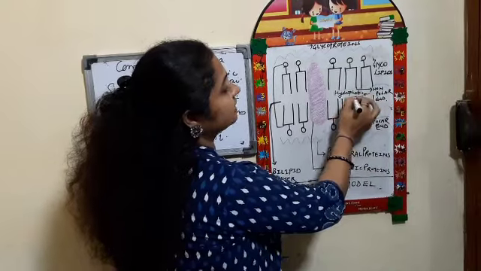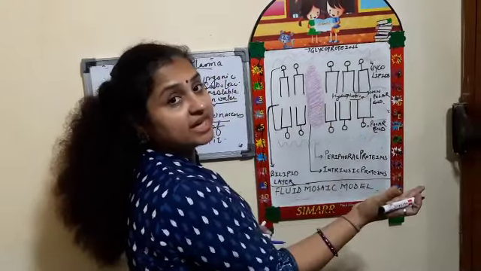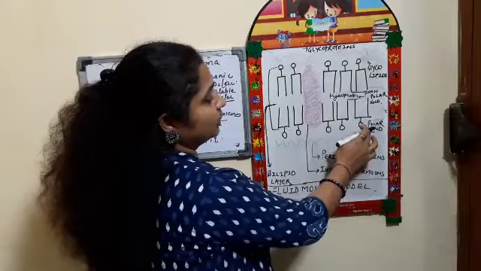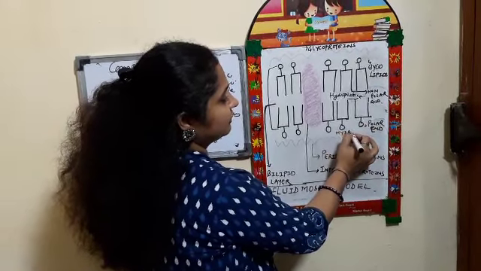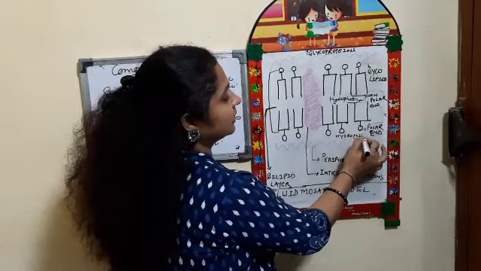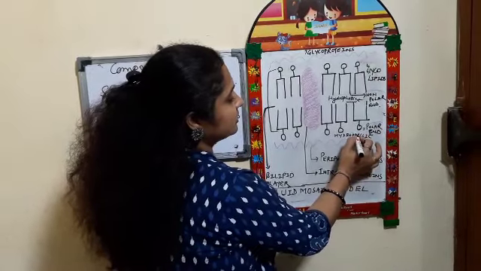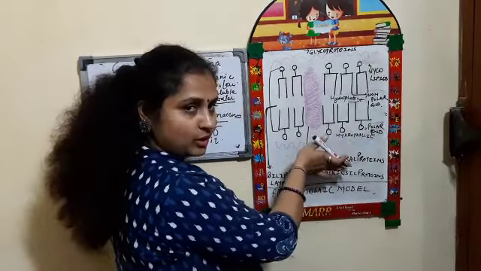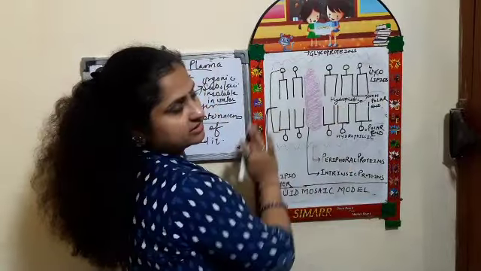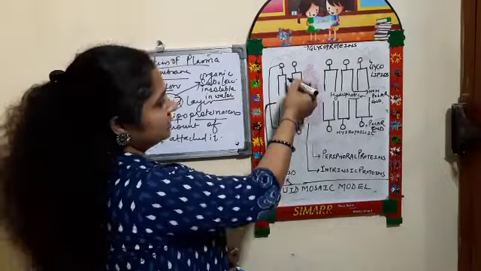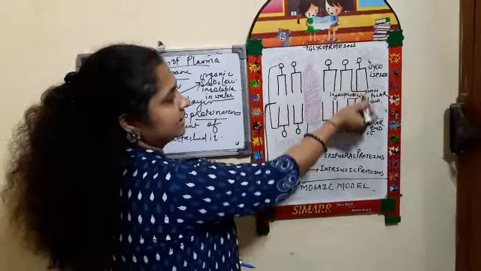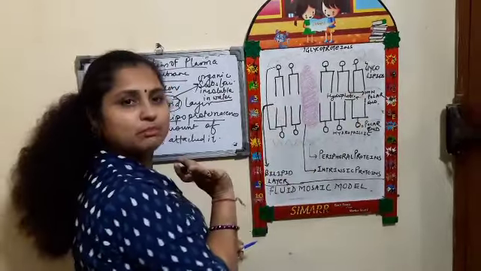Phobic means fear, means water hater. And the polar end is hydrophilic. Hydrophilic means water loving. So the outer side of the structure is water loving and the inside structure is water hater. So they are embedded as a bilipid. On both sides lipids are present, so it is called bilipid.